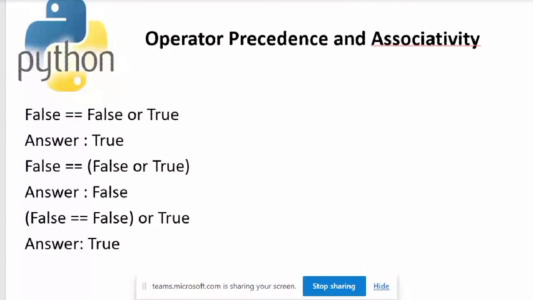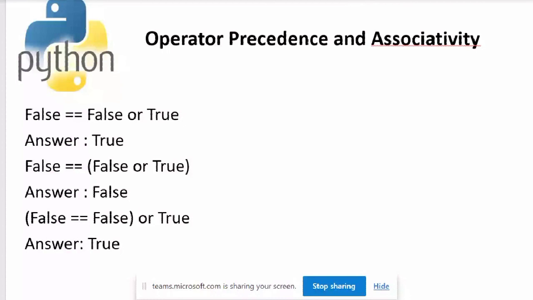So we have to evaluate this first. False or true, what do you get? True, obviously. So the or operator gives true. Then false equals to true is false. So the final answer is false, right? You get my point? Yes, sir.